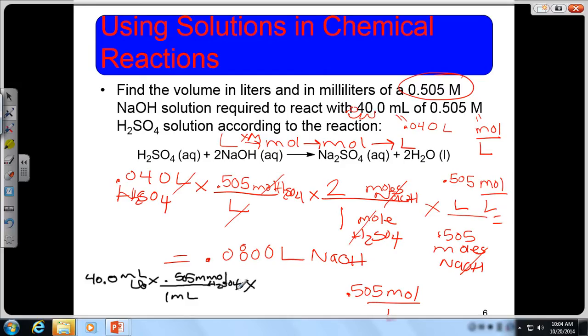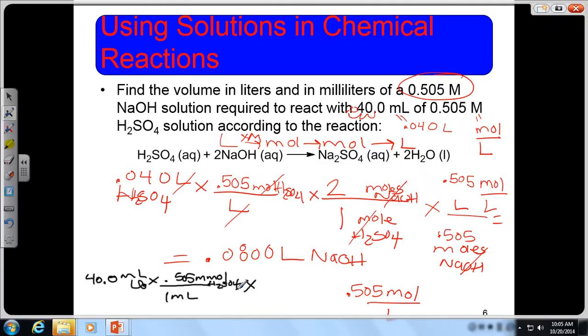So molarity is equal to moles per liter or millimoles per milliliter. So you don't have to move the decimal or anything. You just keep it as is. The difference here is we have milliliters, so we have to have milliliters here.